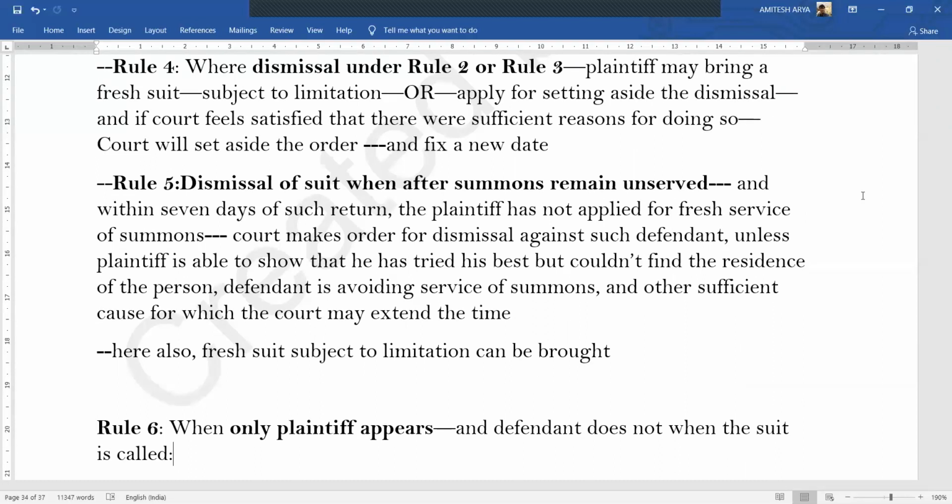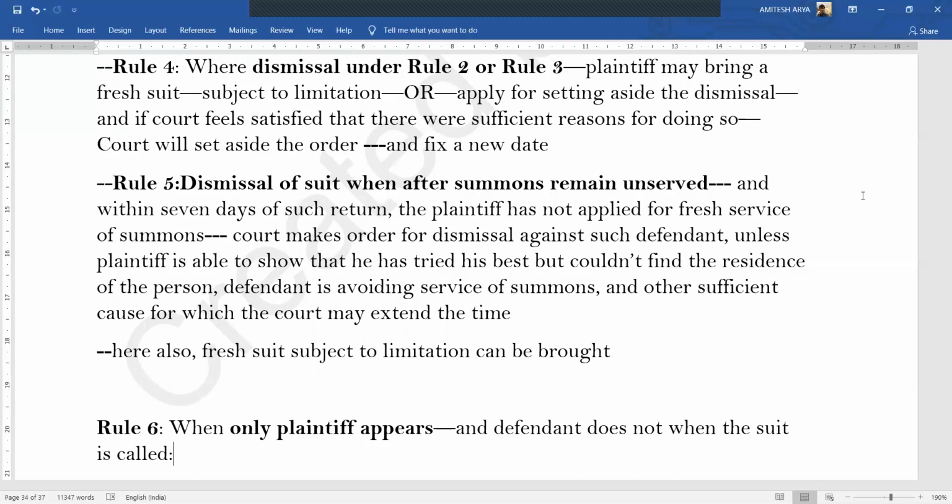Now, within 7 days of such return, if the plaintiff has not applied for fresh service of summons, the court can make an order for dismissal against such defendant, unless the plaintiff has shown that he tried his best and he could not find his residence, etc., or the defendant is purposely trying to avoid service, or any other sufficient cause for which the court may extend the time.